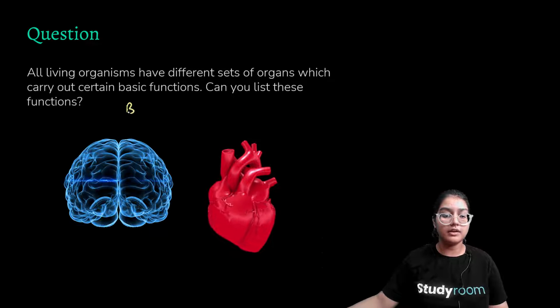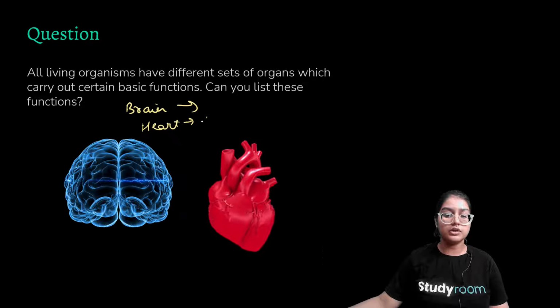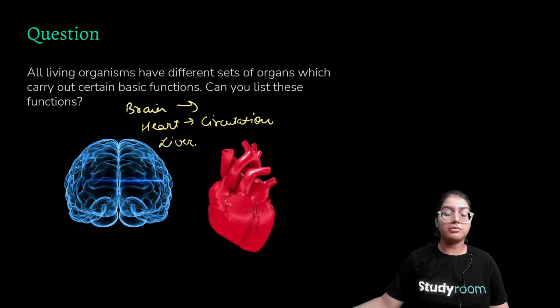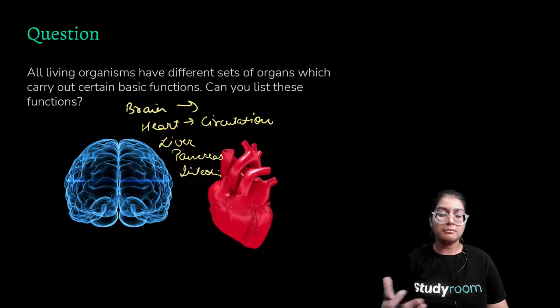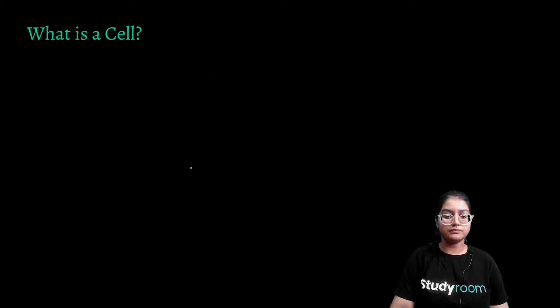For example, brain: what is the function of the brain? It helps us in the connection, the nerve connections. And the heart is for circulation, blood circulation in our body. Then you have to find out about the liver, then pancreas, then intestine, gallbladder. So you have to list them out and make a list of their functions, and it's very easy.